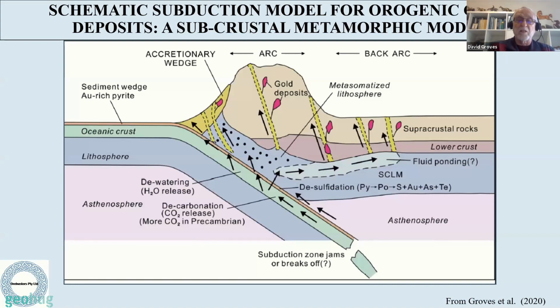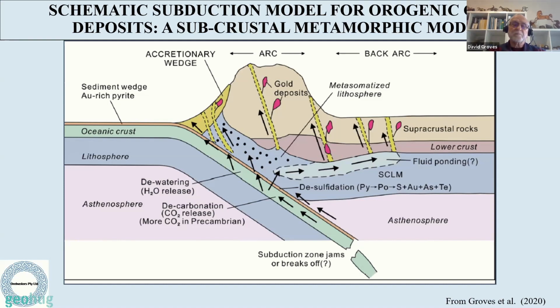So almost simultaneously, you release carbonate-rich fluids and you desulfidize pyrite to pyrrhotite, you release sulfur, and you release all the elements like gold that are carried in these minerals. Some modeling at UWA would suggest that the fluid migrates out and ponds below the Moho, which would explain why you can get a whole series of subparallel lithosphere-scale shear zones that are mineralized across what is now a craton or an orogenic belt in the younger belts.